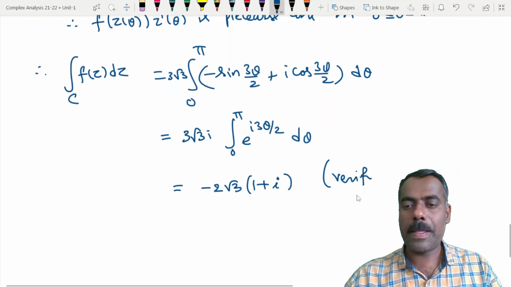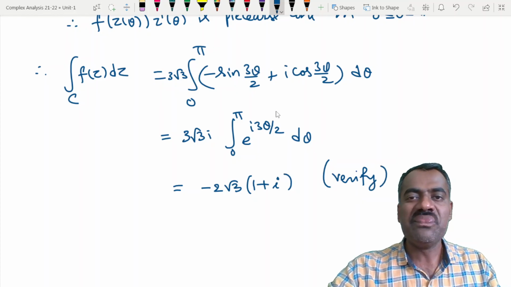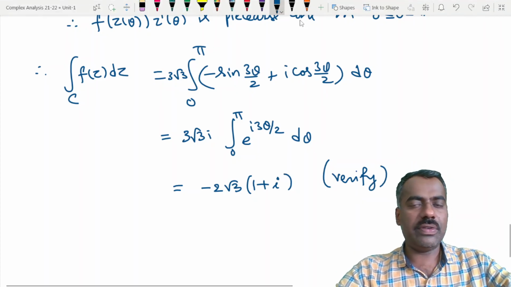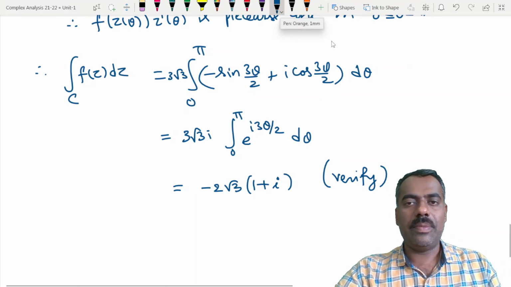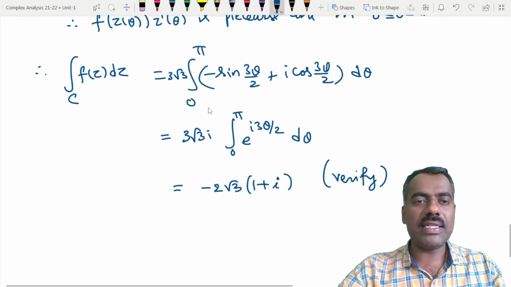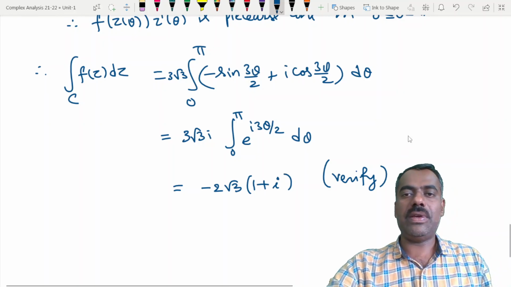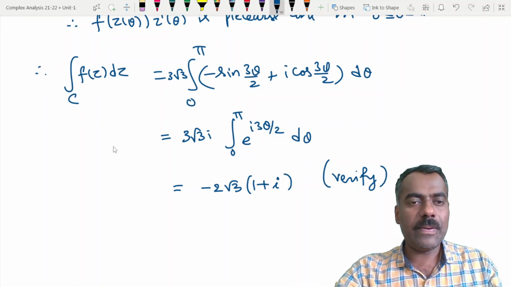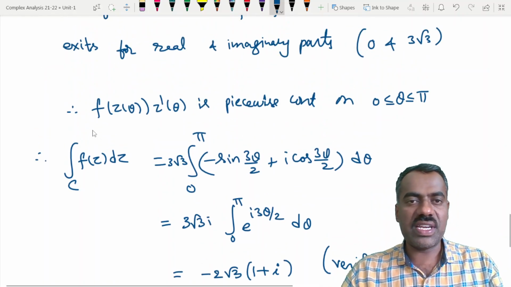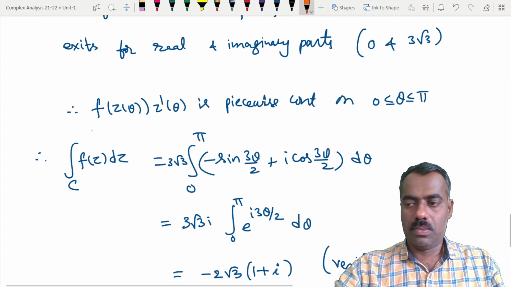Just verify this, okay, fine. So this is how, even if a contour contains a point which is on the branch cut, still we can calculate, because to evaluate integration we require only that the function is piecewise continuous. Okay, fine.